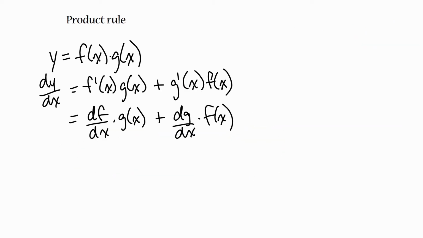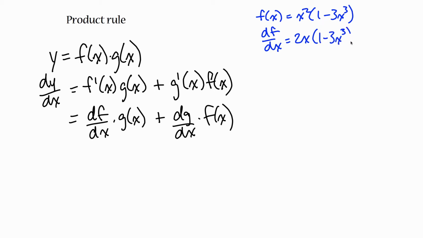I'm just going to go back here and do a quick example. So let's say I've got my product function, f at x is x squared times 1 minus 3x cubed. So we can look at it as a product of two functions, x squared and 1 minus 3x cubed. So I can apply my product rule and say, okay, df by dx is going to be the derivative of my first function, which is just 2x, times my second function, 1 minus 3x cubed.